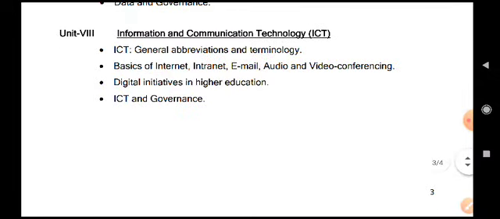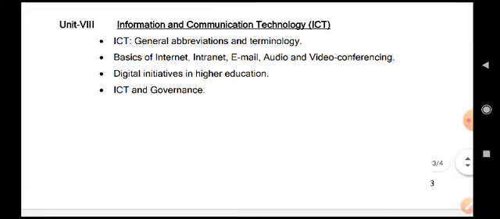In Unit 8, Information and Communication Technology, that is ICT, the basic abbreviations are asked; every year minimum one abbreviation comes. And the basics of internet, email, audio and video conferencing, and also the reforms taken up by the government in higher education in terms of digital initiatives are also asked.